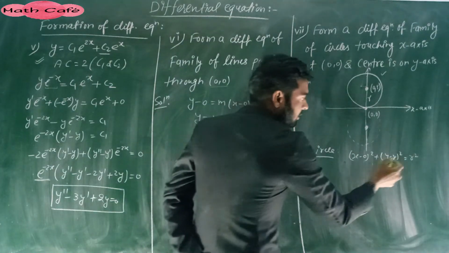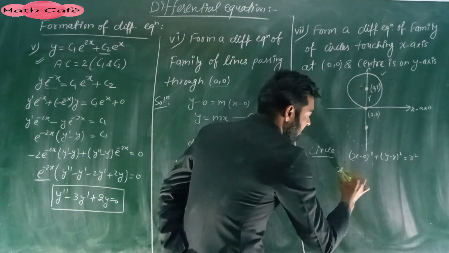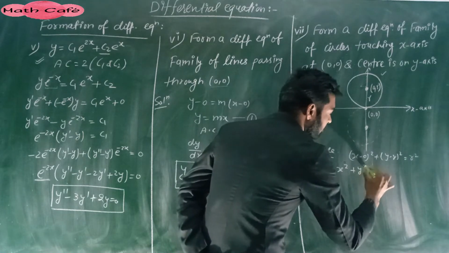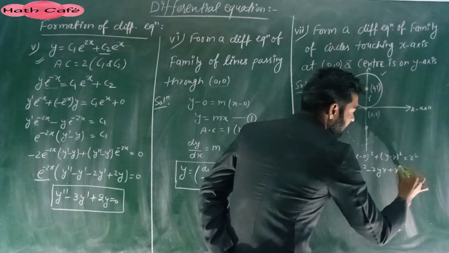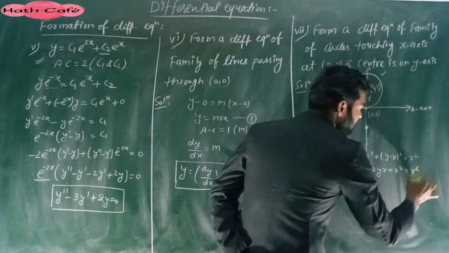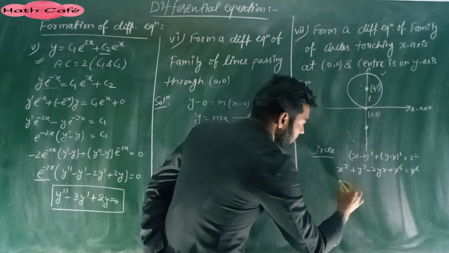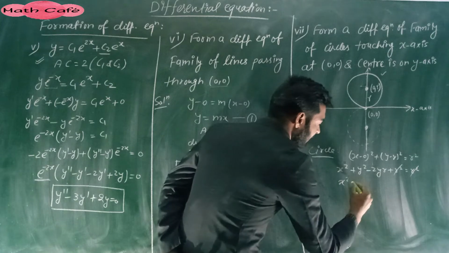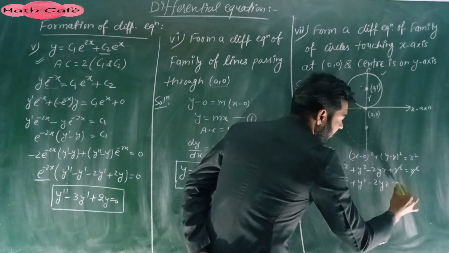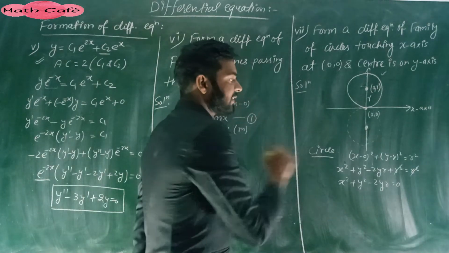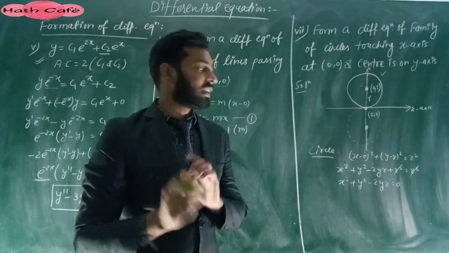So I am solving this expression. That will become x square plus y square minus 2y into r plus r square equals to r square. So this term will be cancelled out. So I can write it as x square plus y square minus 2y times of r equals to 0. Alright. So in this equation arbitrary constant is only r.